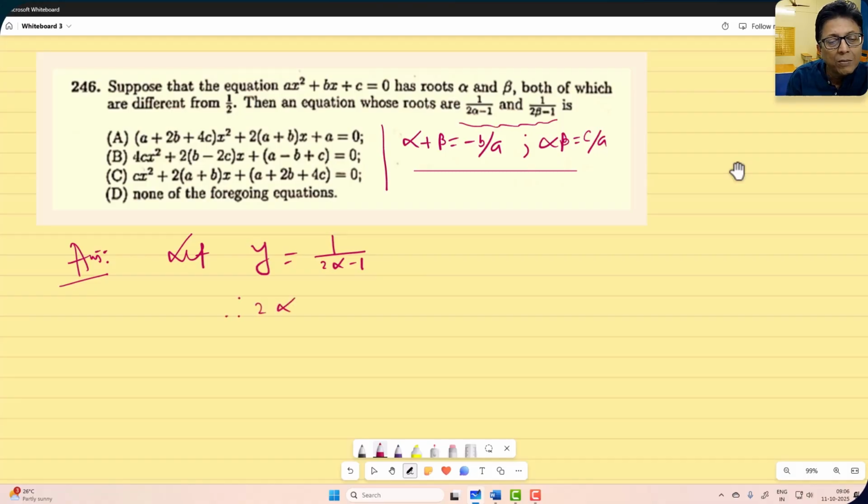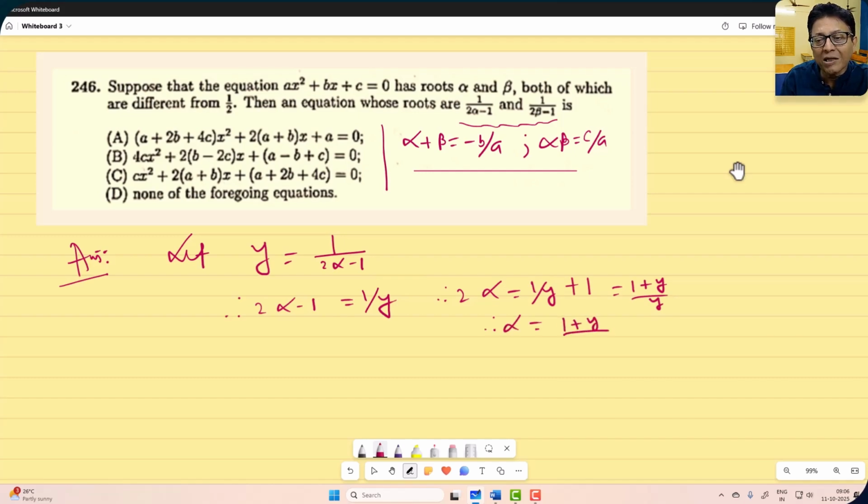Therefore, 2 alpha minus 1 is 1 by y. So 2 alpha is 1 by y plus 1. This is (1 plus y) by y. So alpha is (1 plus y) by 2y.